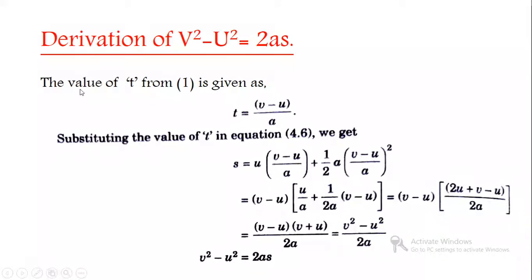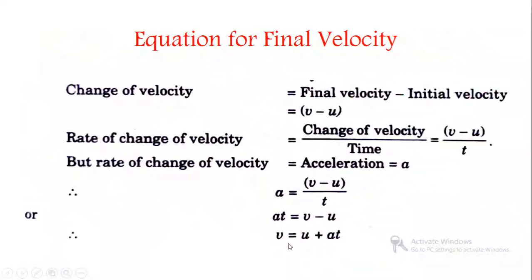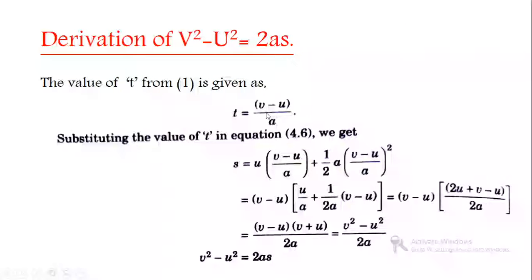Take the value of t from equation 1. Here t equals (v minus u) divided by a.